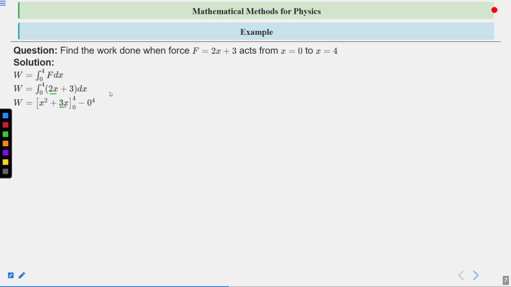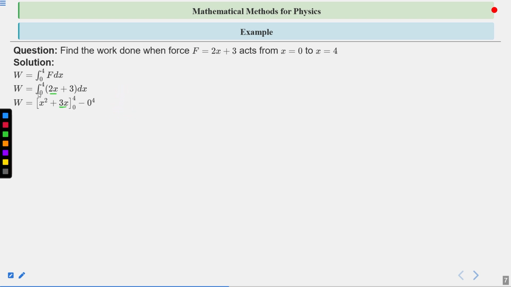So it will be 2x square divided by 2. So 2 cancels out, the remaining term is x square. Similarly, here 3 dx. So integration of dx is x, so it becomes 3x. Clear?